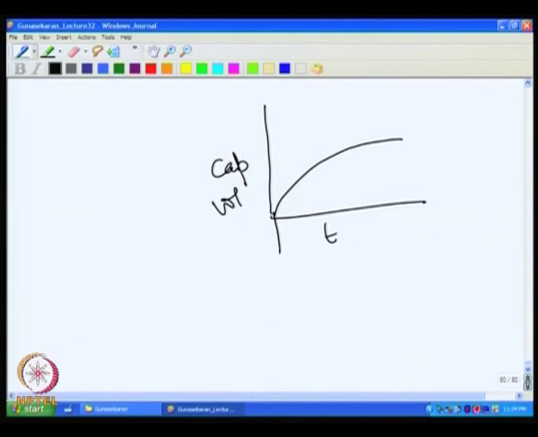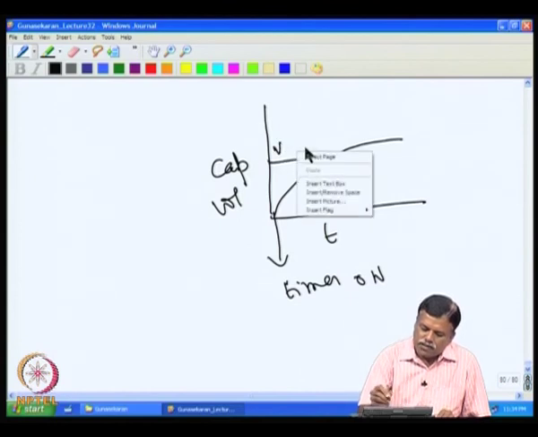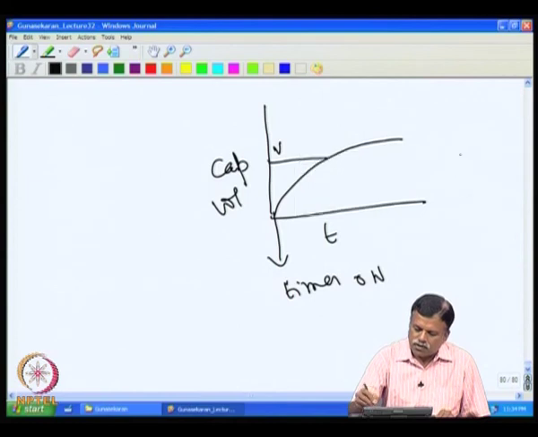We have started the timer here, and this is the V reference.